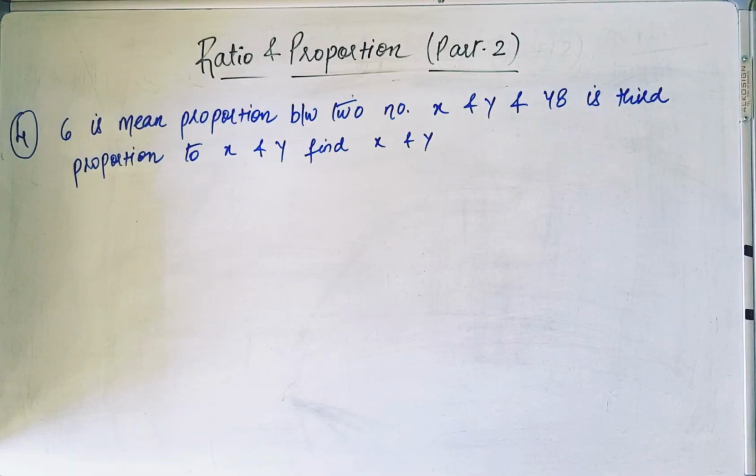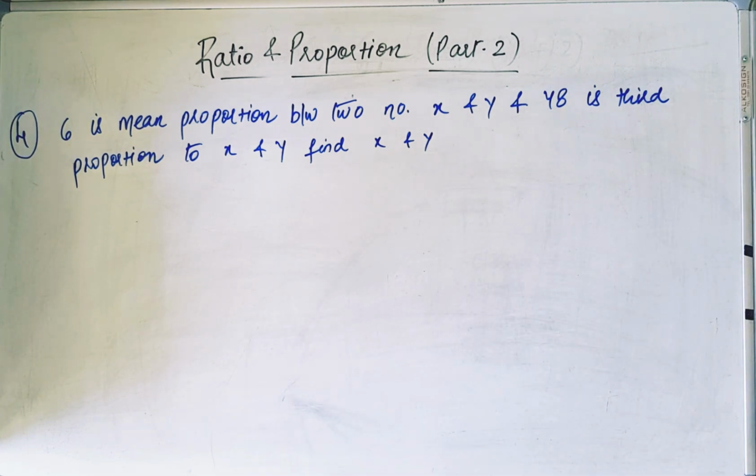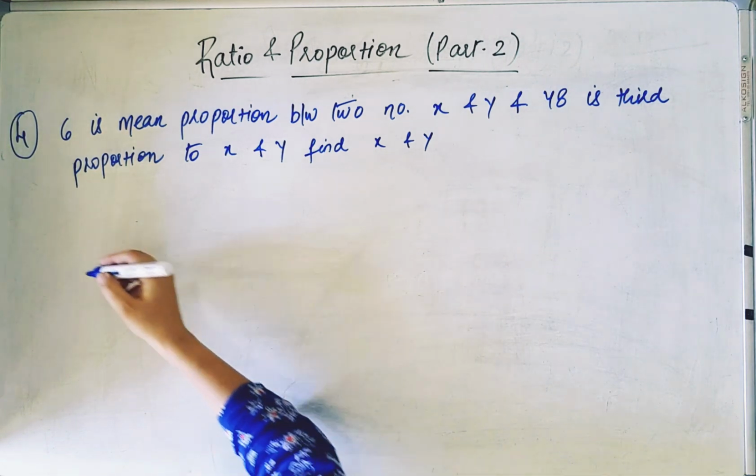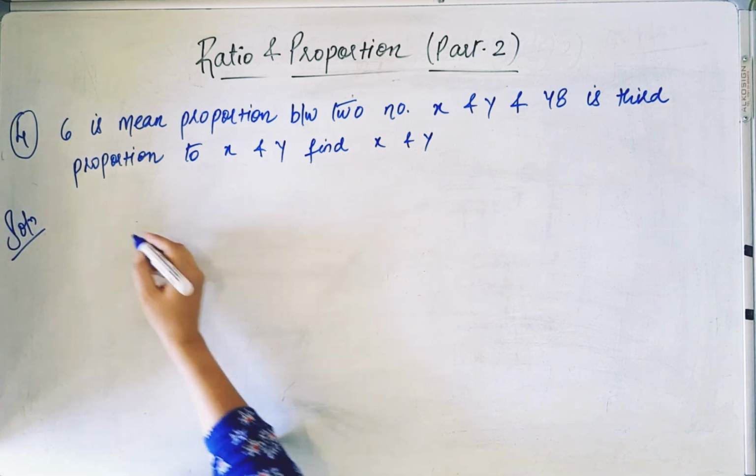So now the question is, 6 is the mean proportion between two numbers x and y, and 48 is the third proportion to x and y. See, now they have given us two conditions. एक condition दे दी कि 6 is the mean proportion.